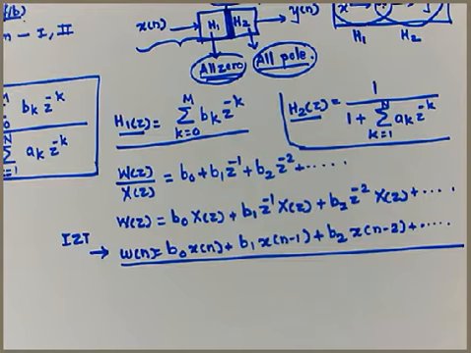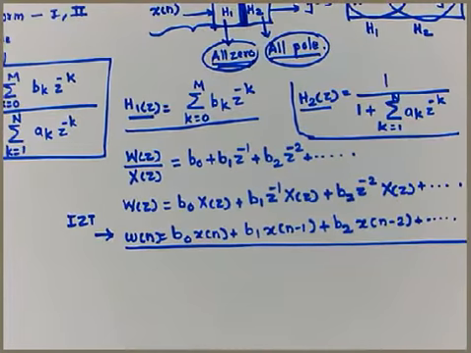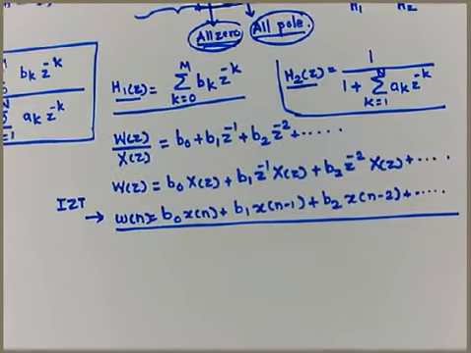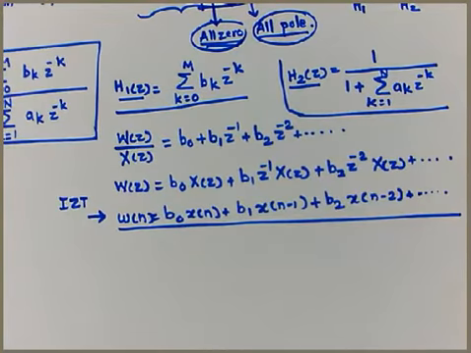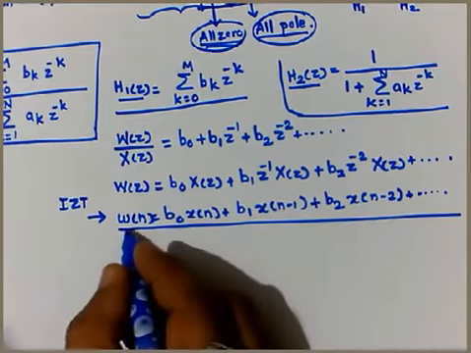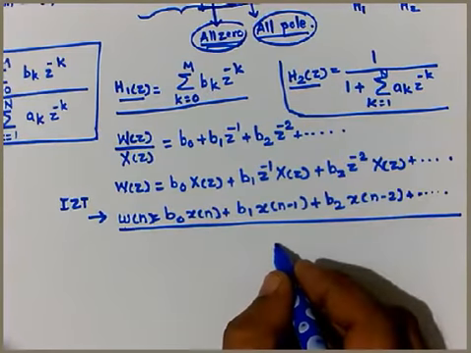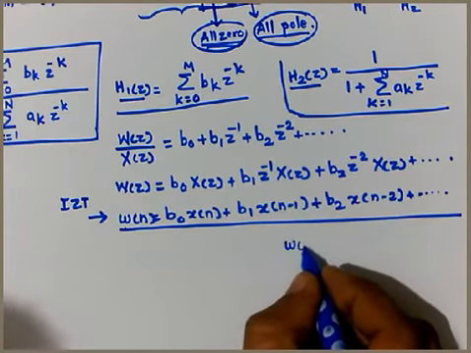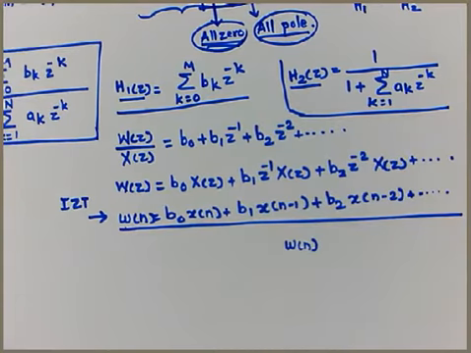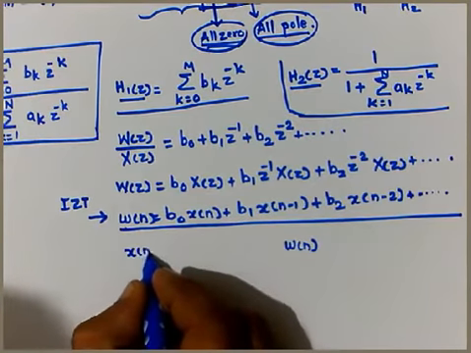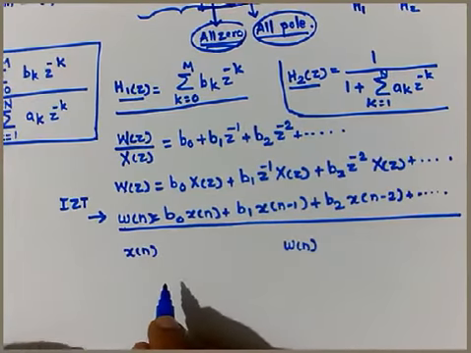Now to draw the w(n), let's take the help of some of the realization parameters and the diagram. So for this we will proceed with the simple approach to draw this w(n) response. As it is the output, we will just write down here the output w(n), and the input is x(n), obviously at the left side.